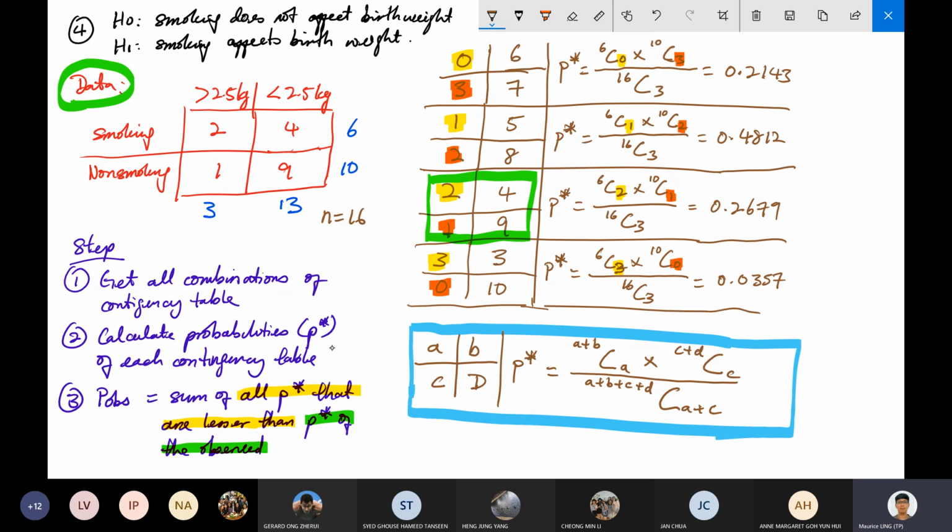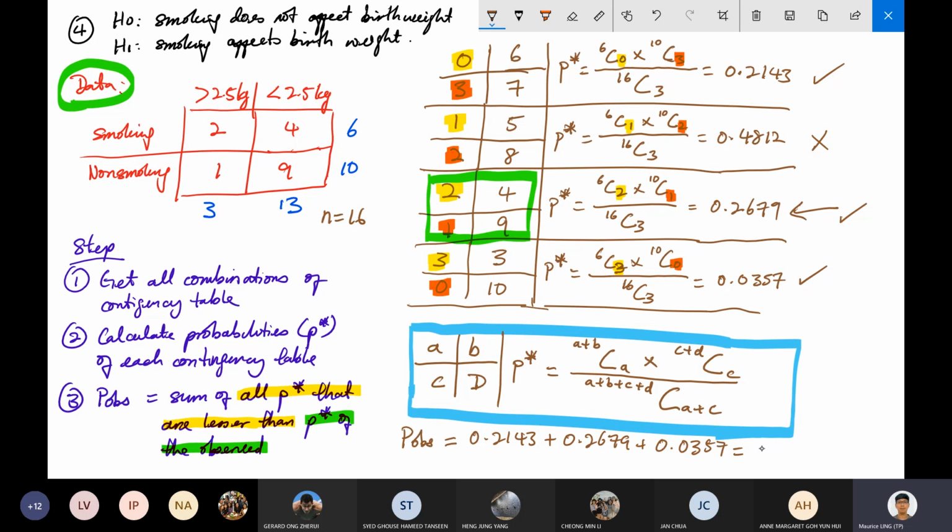Okay, then after that, you add up. We settled this second step. Next step is you add up all the P asterisk that is less than the observed. So all this is the one that you observe. Which one is lesser? This is lesser. This is not because it's more. This is lesser plus itself. Which means that the P observed is 0.2143 plus 0.2679 plus 0.0357.